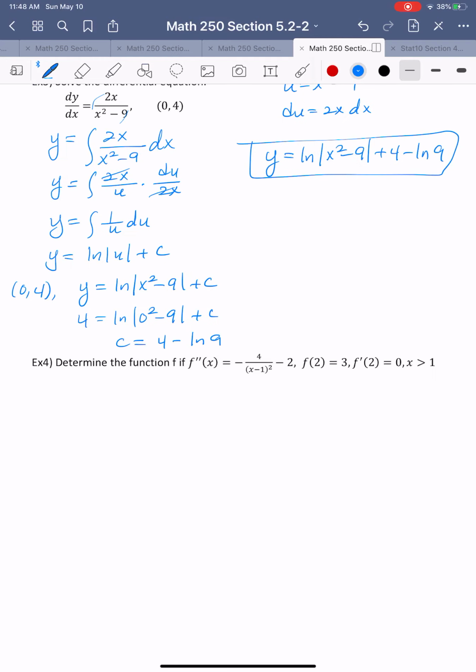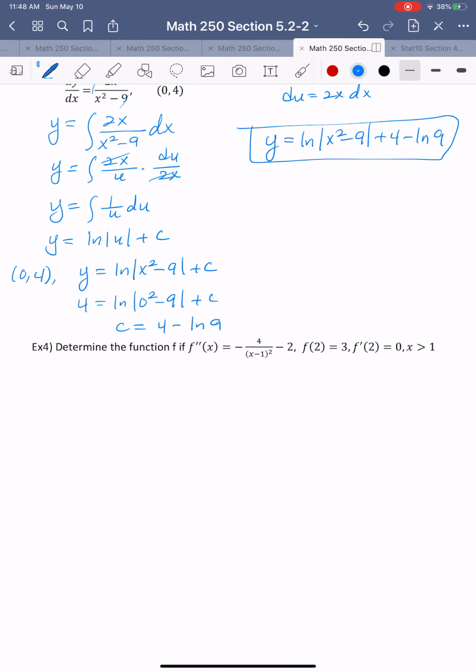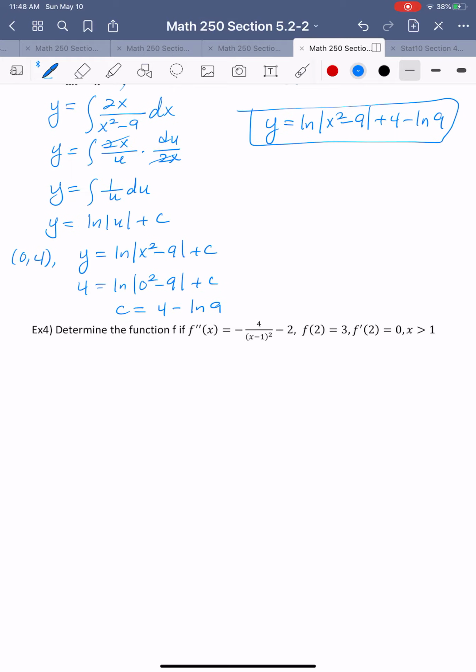All right, now number 4, we are looking for the function from the second derivative and the first derivative. In order to do this, f prime of x is the integral of f double prime of x dx. F double prime of x is given as negative 4 over x minus 1 squared minus 2.